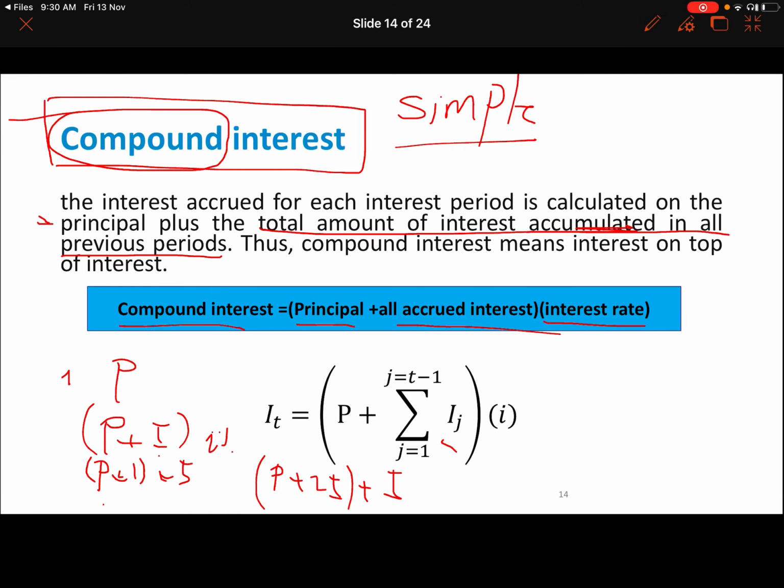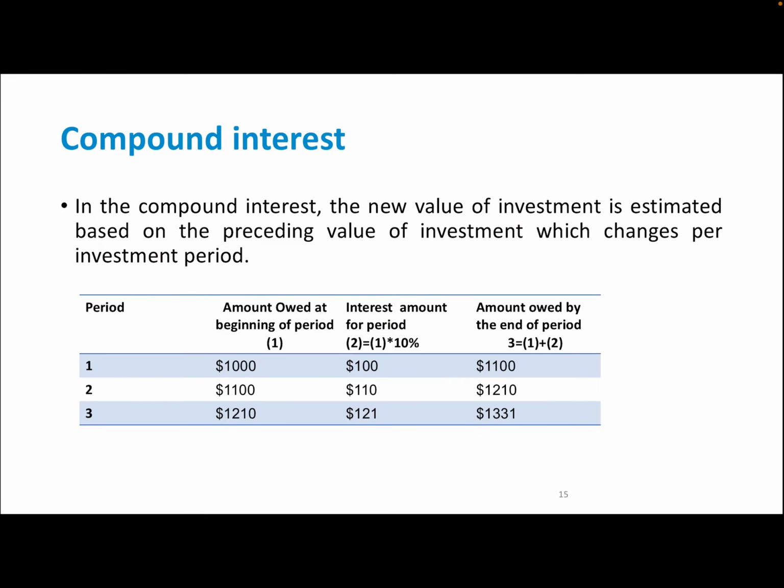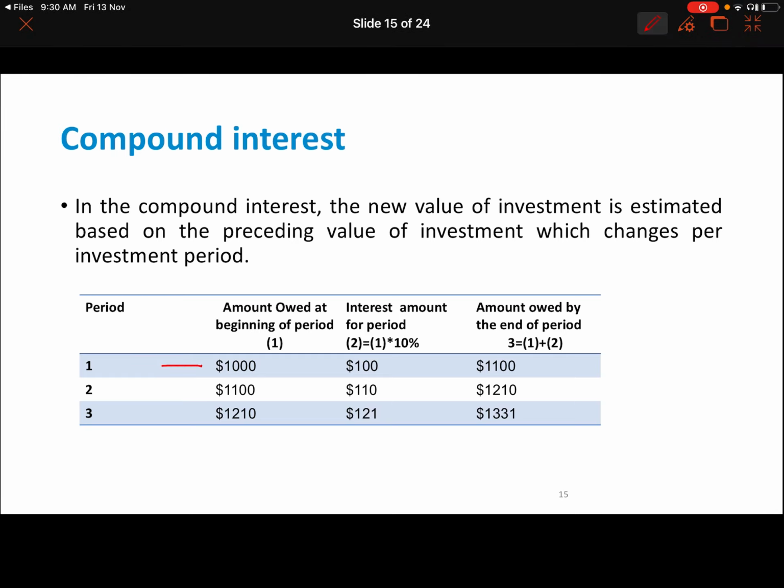Okay, so the compound interest is the principal plus all accrued interest multiplied by the interest rate. Let's take it in a different way. The example says that if I have $1,000, the interest amount at 10% will be $100 after the first year. It means my money will be $1,100 by the end of the first year. So at the beginning of the second year, I will have $1,100 at an interest rate of 10%.